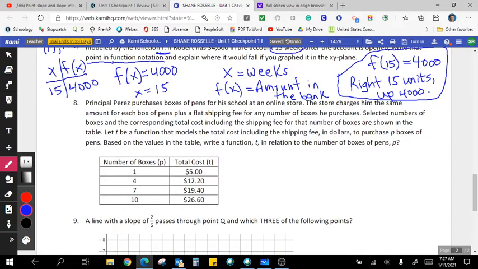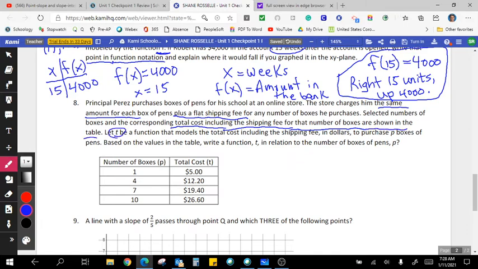Okay, so Principal Perez purchases boxes of pens for his school in an online store. The store charges him the same amount for each box. So same amount means constant rate for each box of pens plus a flat fee for any number of boxes he purchases. Selected numbers of boxes and the corresponding total cost, including the shipping fee for that number of boxes, are shown in the table.